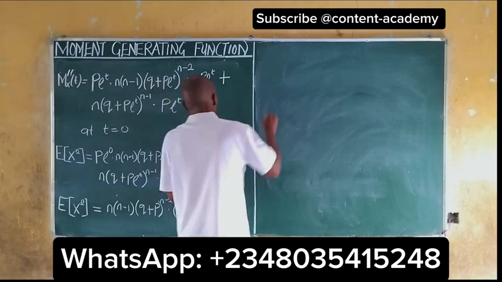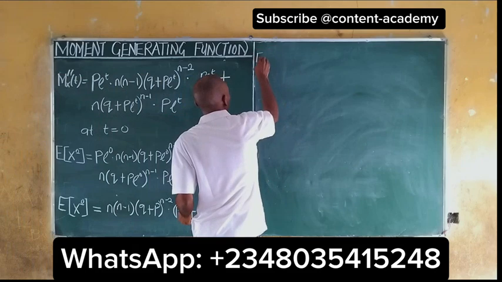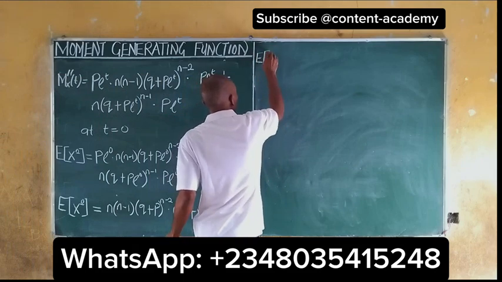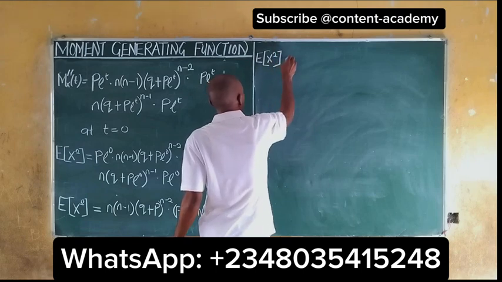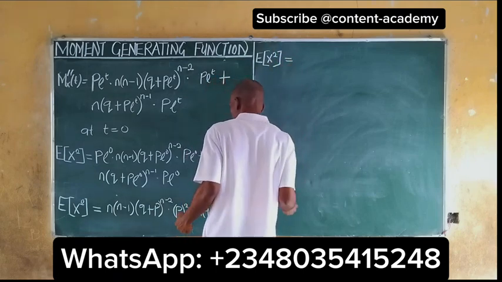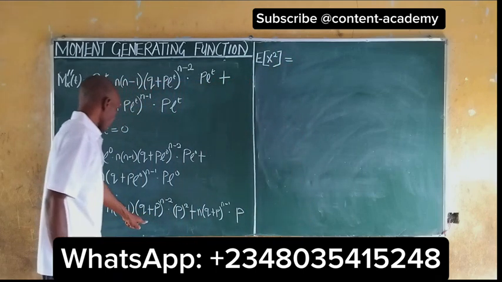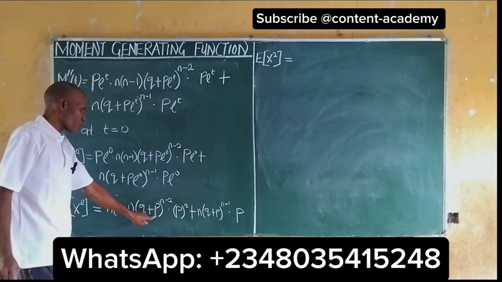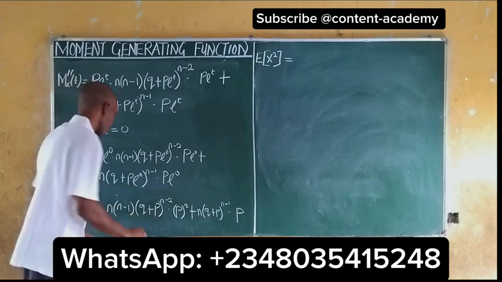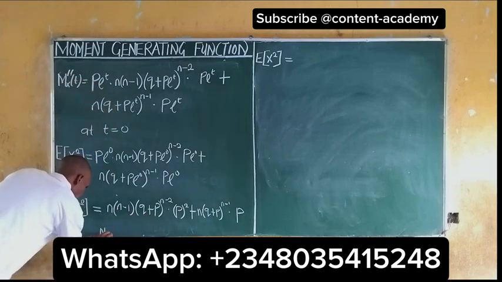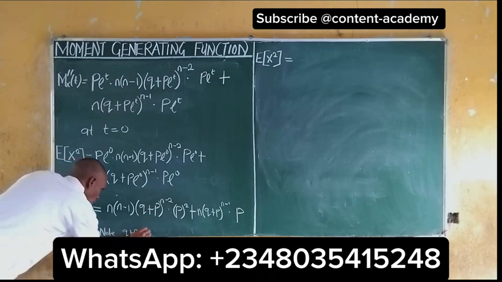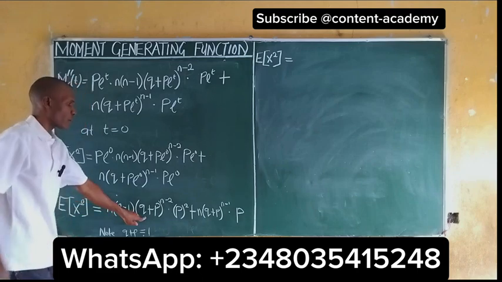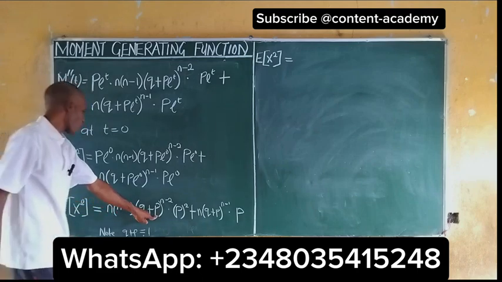Now, we'll still write our expected value of x squared to be equal to... Now, we should know that q plus p is 1 from probability. So anyhow we see q plus p, we put 1 there.